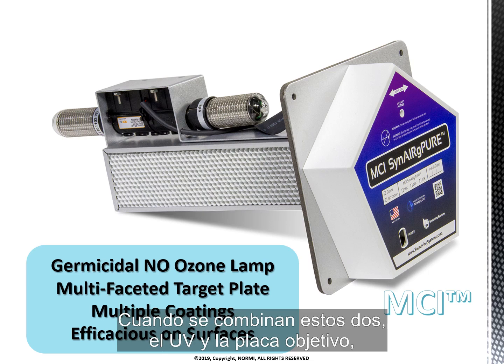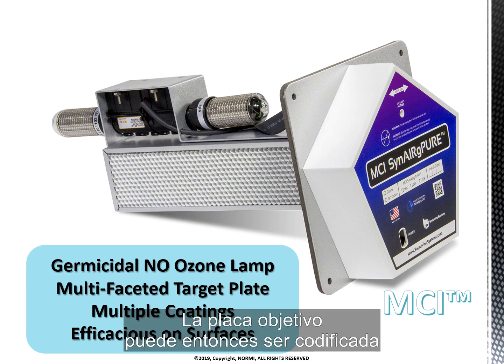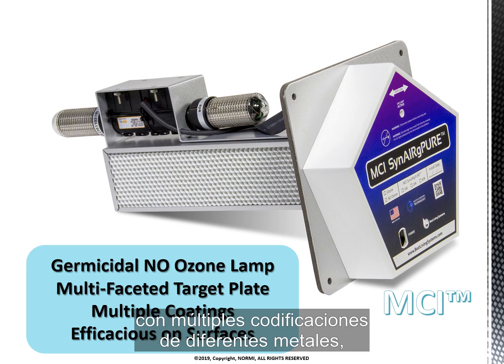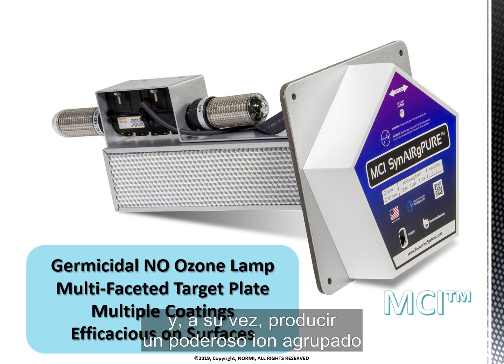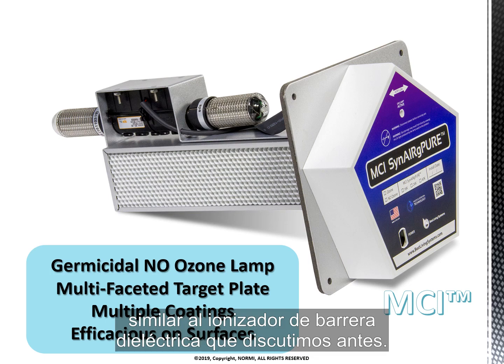When combining these two, the target plate can then be coated with multiple coatings of different metals, its shape altered to expose more of the surface to the UV, and in turn produce a powerful clustered ion similar to the dielectric barrier ionizer we discussed earlier.